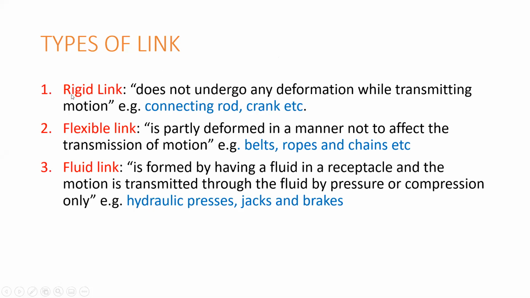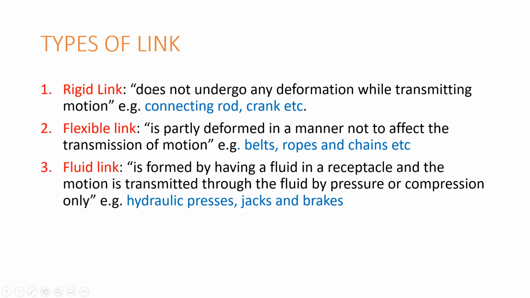First is the rigid link. A rigid link does not undergo any deformation while transmitting motion. You just apply motion or force on one side of the link and it will transmit that force to the other link.